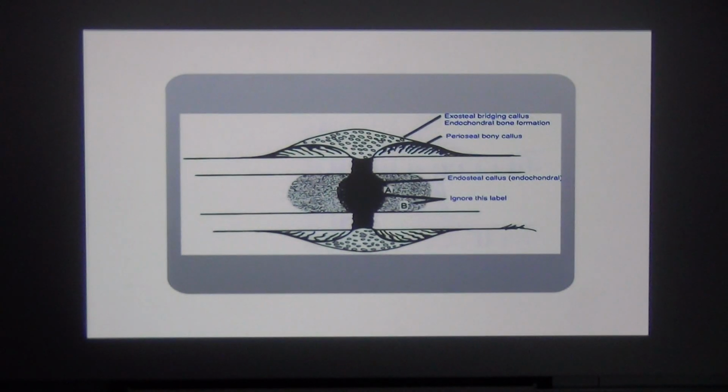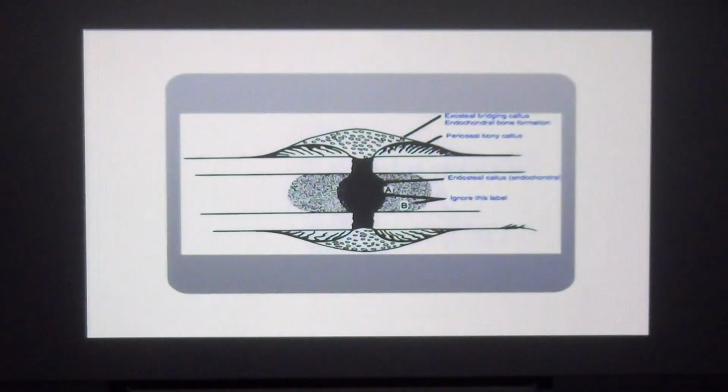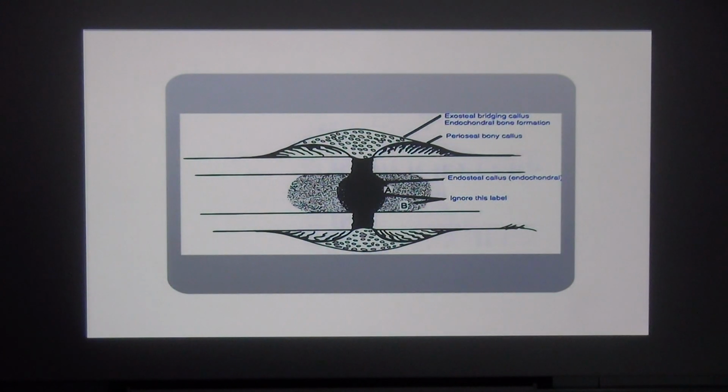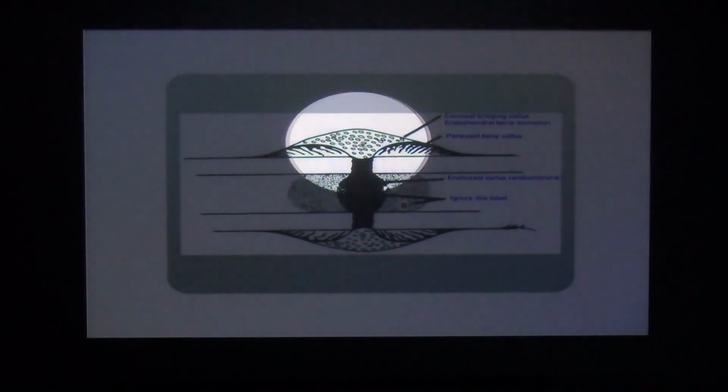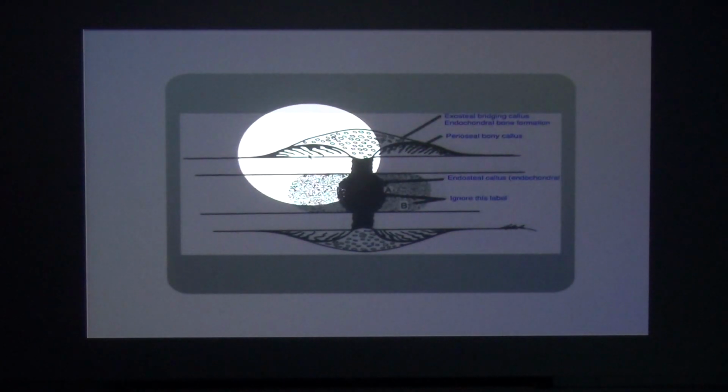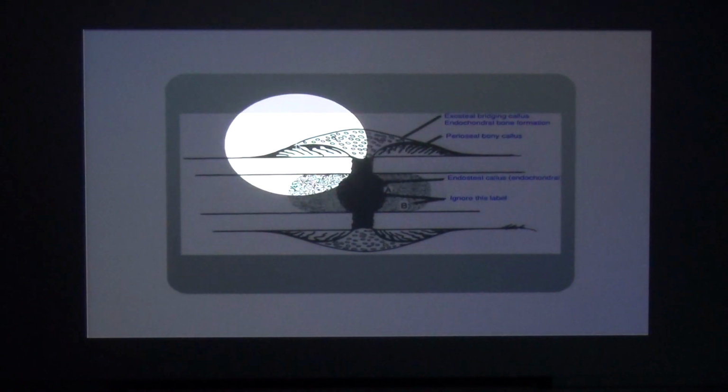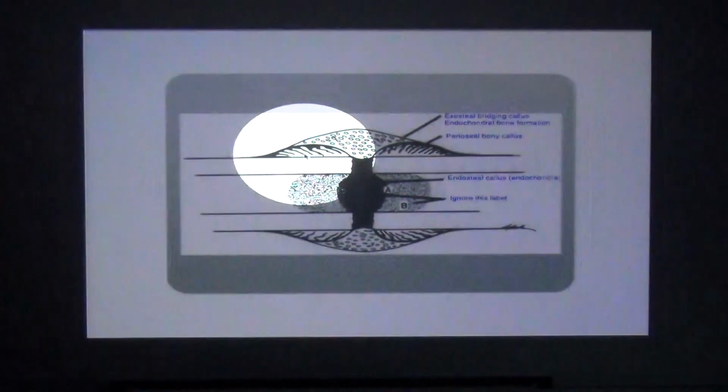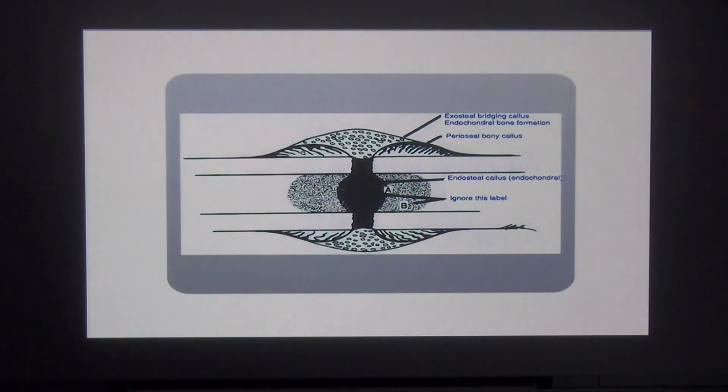In other words, bone is being made de novo, laid down straight. It's not having to go through a cartilage middleman. That is endochondral ossification, chondral meaning cartilage. This is periosteal, which is intramembranous. So actually you have two going on at the same time in any fracture healing situation.